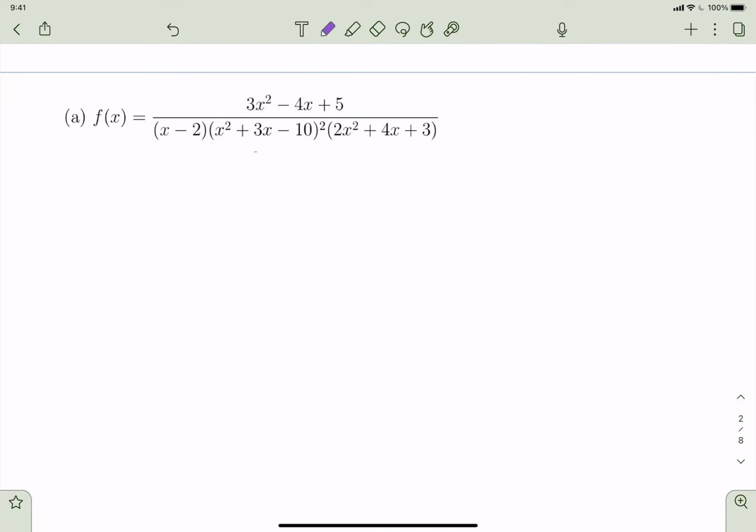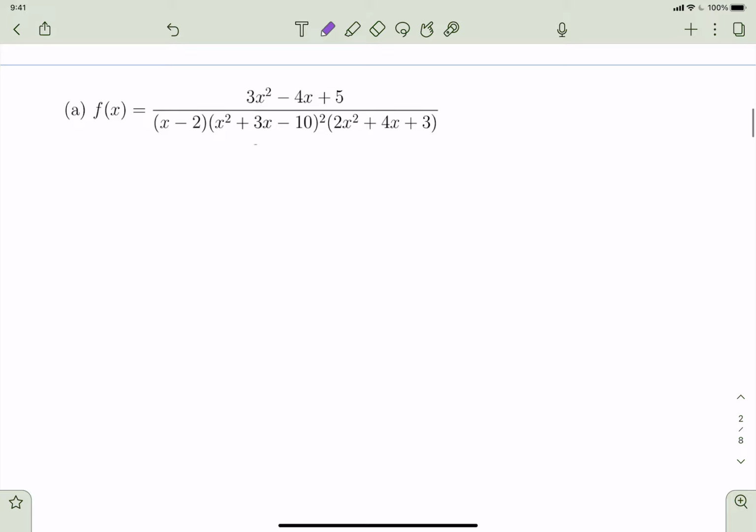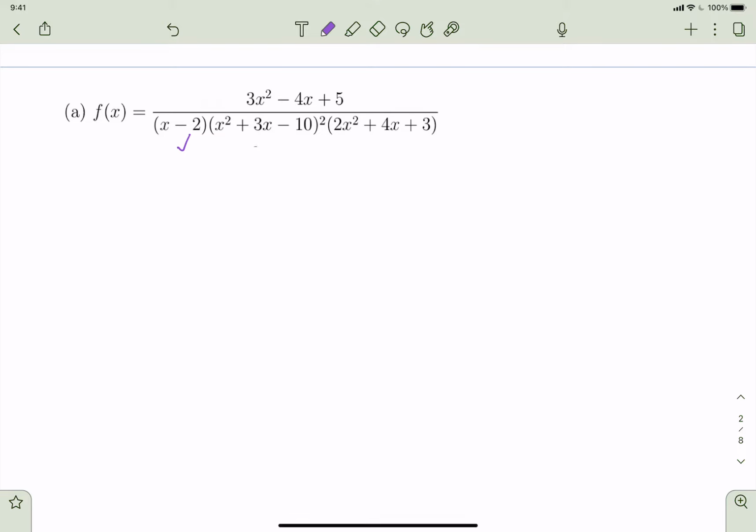Firstly, check the power. The power on the top is this square, right? Which is less than the total power in the denominator, right? That is obvious. So that's the first thing. And the second thing, I check each of the factors in the denominator. I'll make sure that they're irreducible. This one is irreducible, right?